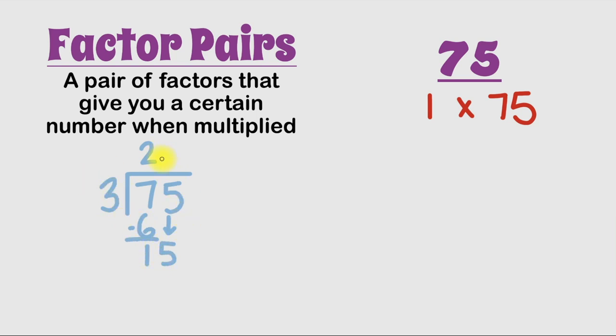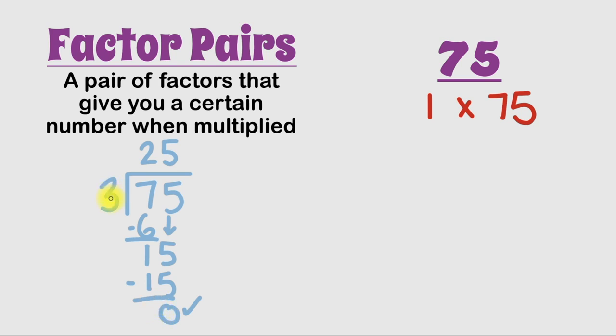Absolutely. And how many times can that happen? Well, that's 5. So we'll put a 5 above this digit here because 5 times 3 equals 15, and when we subtract that, we get a remainder of 0, which is exactly what we want, because that means that 3 goes into 75 evenly with no remainder.